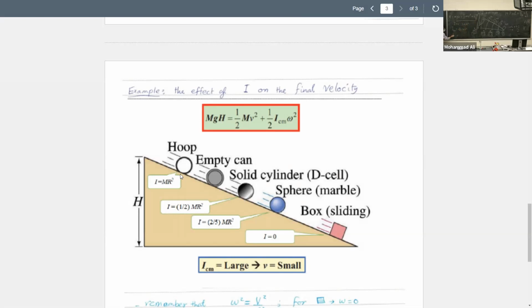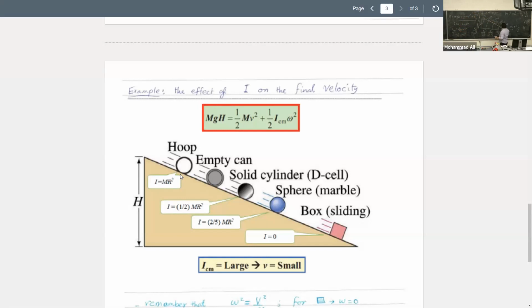For the cylinder, it is half m r squared. For some objects, 1/12 m r squared. So we have a number multiplied by m r squared. So we have m r squared always, and we have another number. This number relates to the shape.